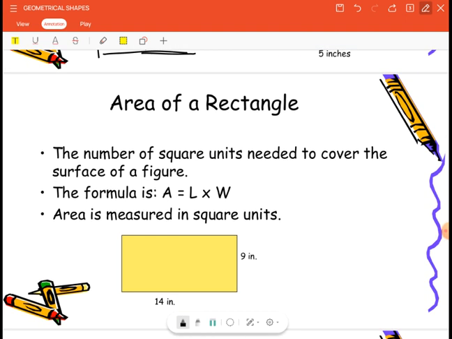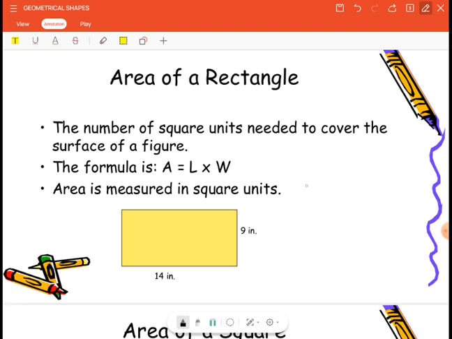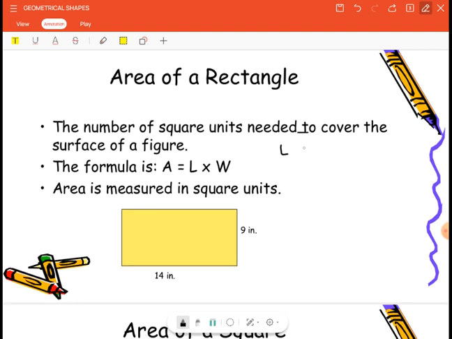The area of, ito naman. So, aside from the perimeter, we have the area. So, kapag sinabi natin na area, ito yung space na na-consume nung shape. So, yung formula for rectangle is the length times width. So, for this example, yung area natin, yung length natin dyan is equals to 14 and yung ating width is equals to 9. So, therefore, yung ating area is equals to 14 times 9.